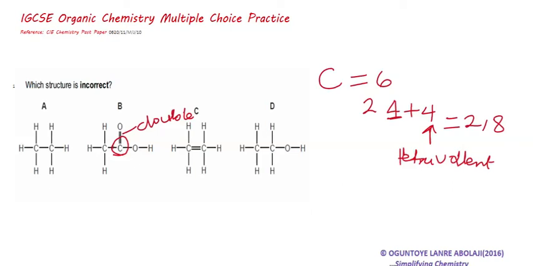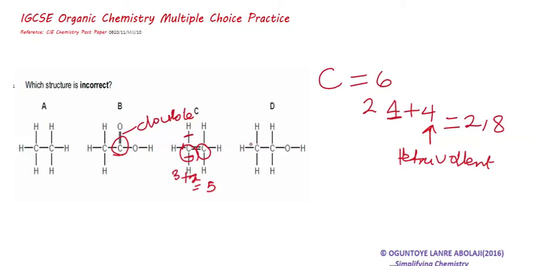Now, looking at this, we have 1, 2, 3, and we have a double bond here. So if you have 3 plus 2, that gives you what? 5. That means we have 5 bonds surrounding this carbon atom, and that is absolutely incorrect.